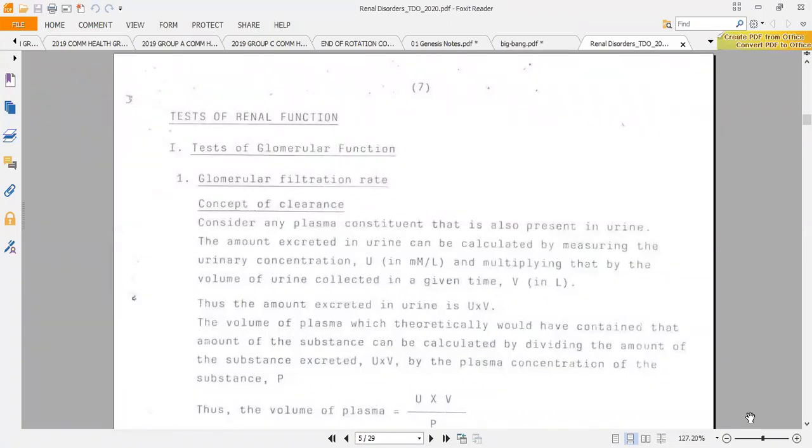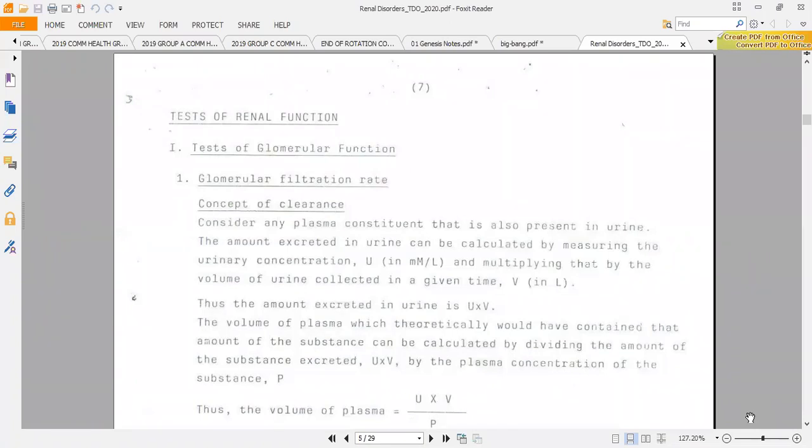We say that the glomerular filtration rate is 120 mL per minute. So that means that in a minute, only 120 mL of fluid is filtered by the glomerulus.